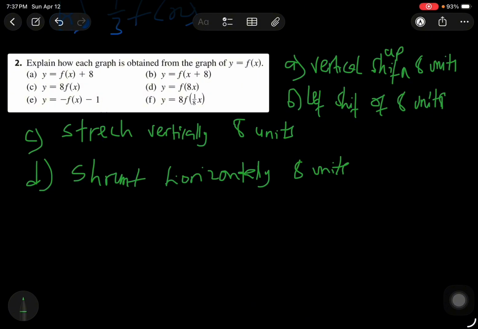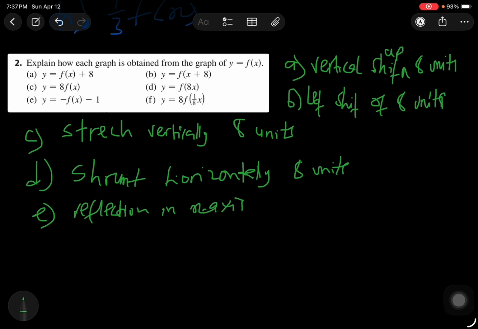When you're talking about horizontalness, the x. But for the y, you maintain it as it is. You reciprocate if it's shrinking, and you maintain it if it's stretching. For the E, we have negative f of x. That one says that the function has been reflected in the x-axis.